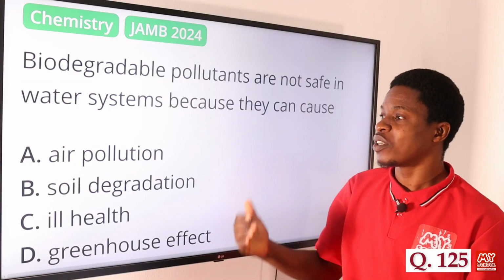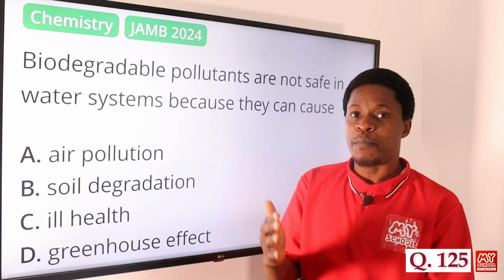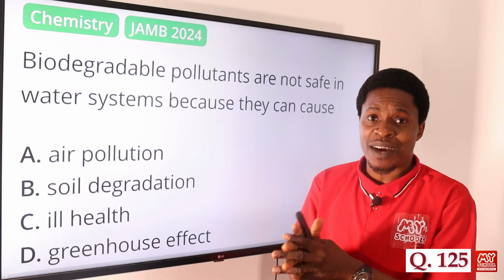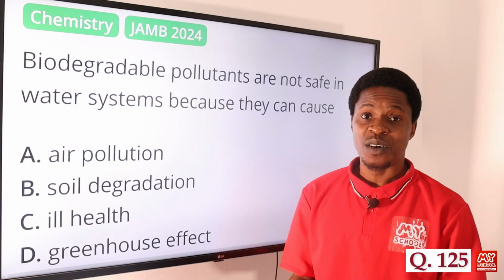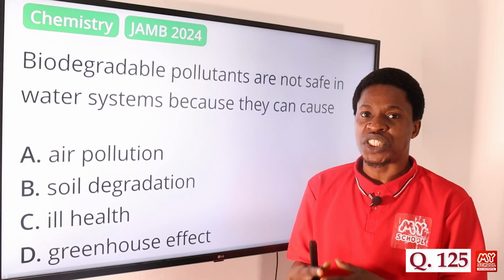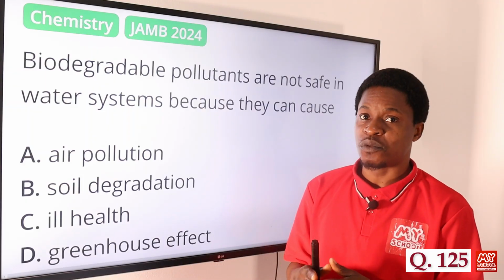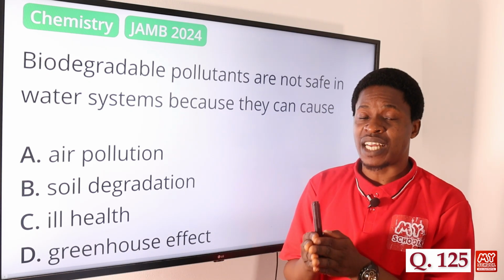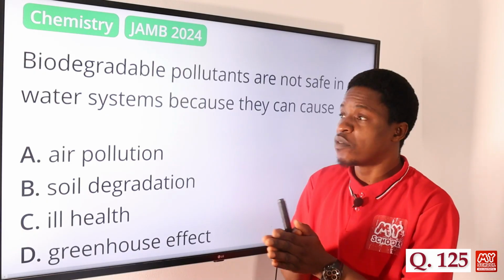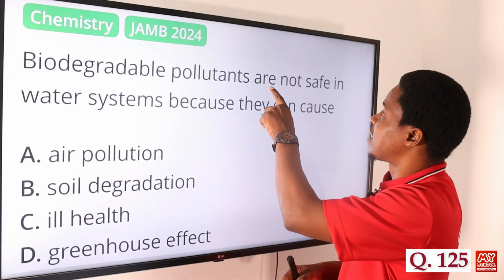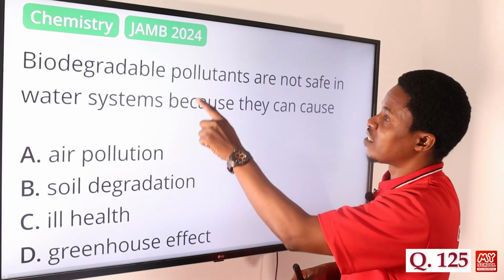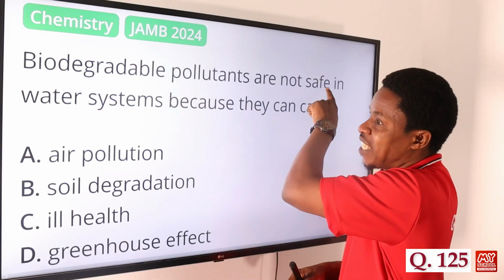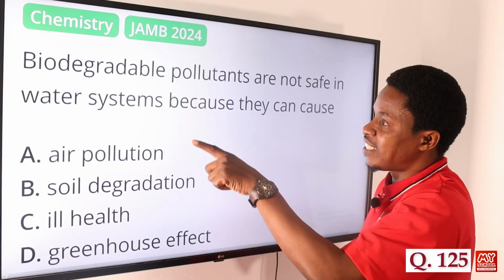But even though they can be split or broken down by microorganisms or by bacteria, when they get into the streams of water, they are still harmful because we still have those microorganisms present there. Some of those chemicals that have been broken down still move into the water. Don't forget, the question says biodegradable pollutants are not safe in water systems.